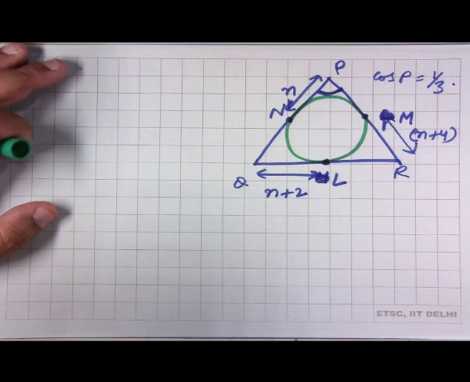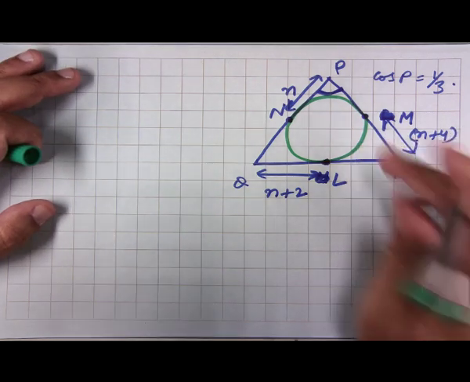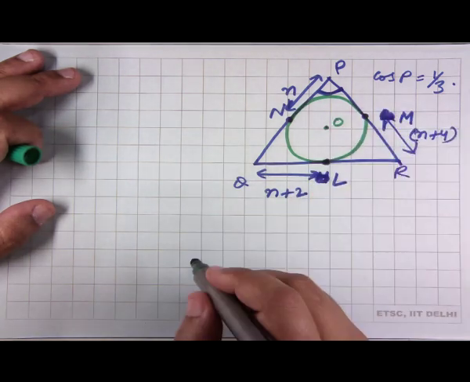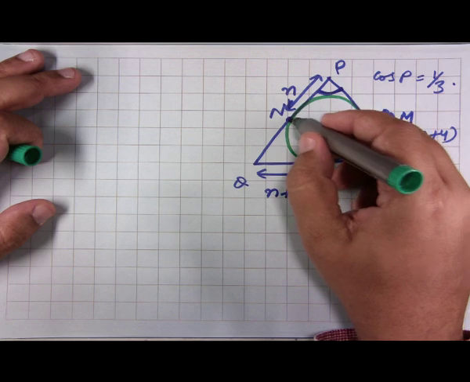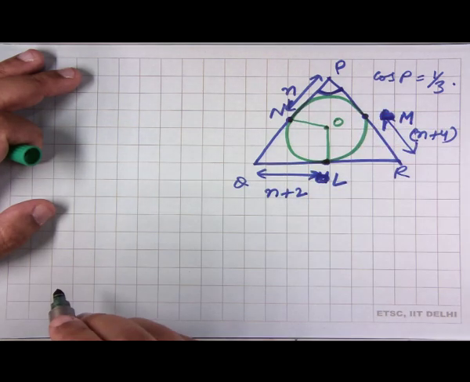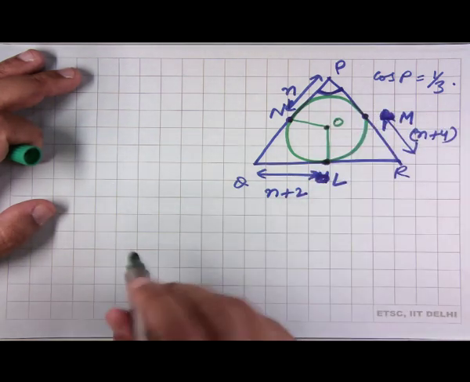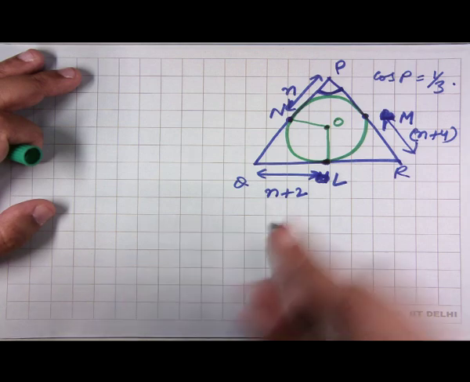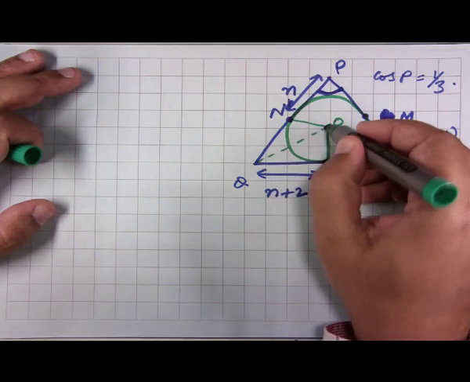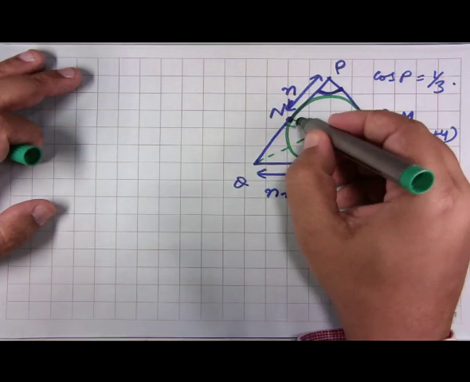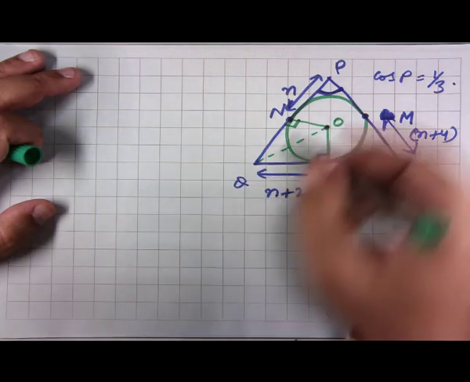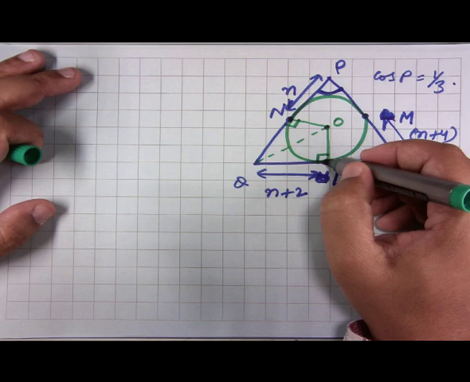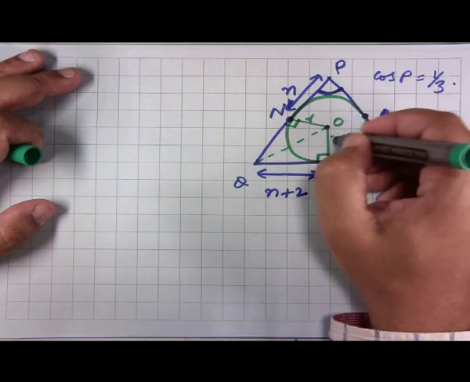So, let the incircle be shown in this green color and let the center be here at O. Then, as we discussed earlier in the previous lecture, we know that this is 90 degrees and this is also 90 degrees, because the side PQ is a tangent to the incircle at this point N, and similarly here also, and this is the radius r.